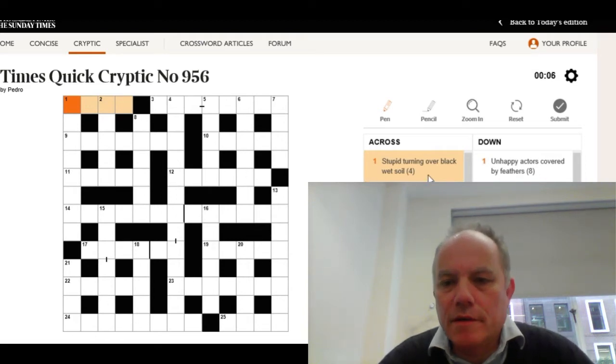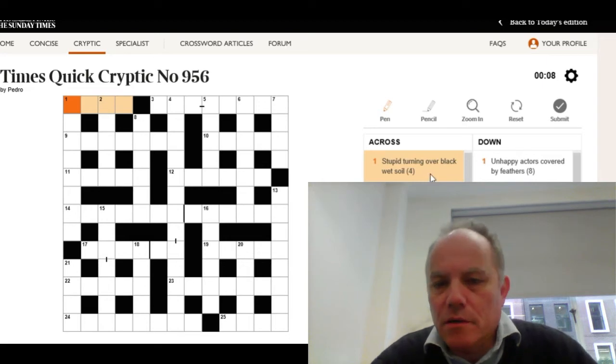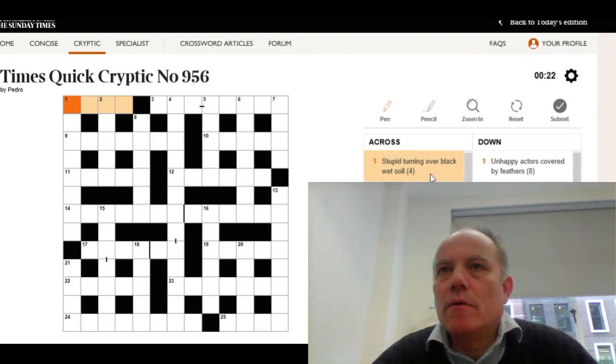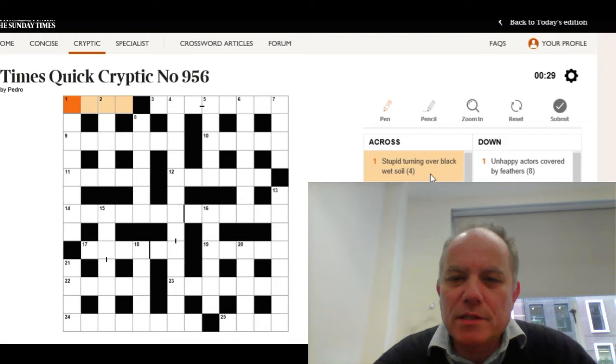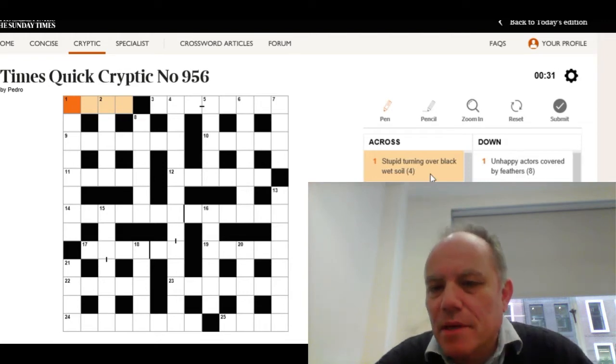Now one across, have a look at this clue. 4 letters long. Stupid turning over black wet soil. So one of the ways to get started is to look for standard bits of wordplay. There'll be a definition at one end of the clue, and that could be either stupid or it could be wet soil. It could be something else, but it's likely to be either of those things.